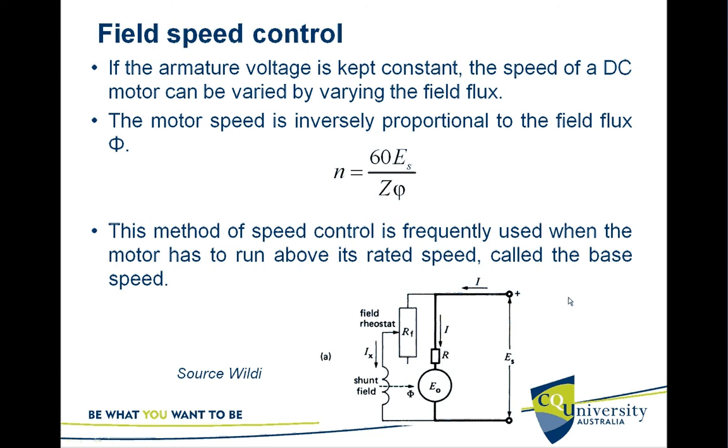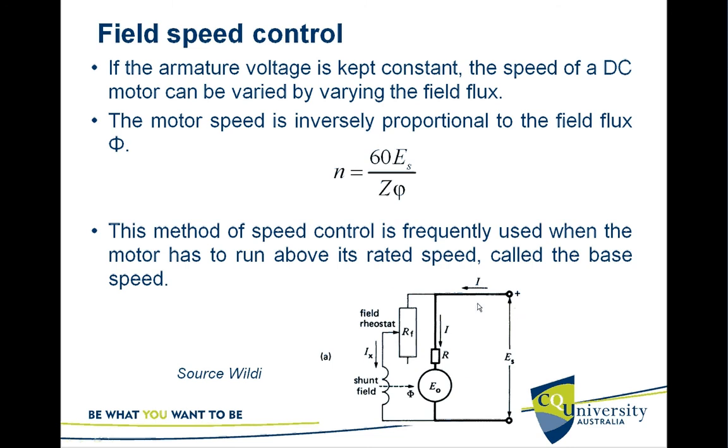So if you want to go for higher speeds than the rated speed, then you drop the flux a bit, then the back EMF will not become equal to the supply voltage, so that you get a bit more armature current, so that you still can operate the machine at a higher speed than the base speed, also called the rated speed.